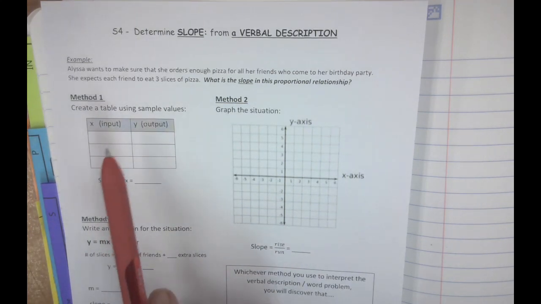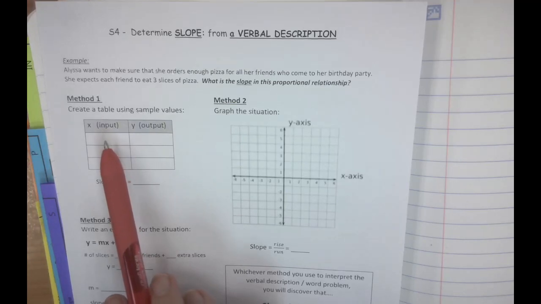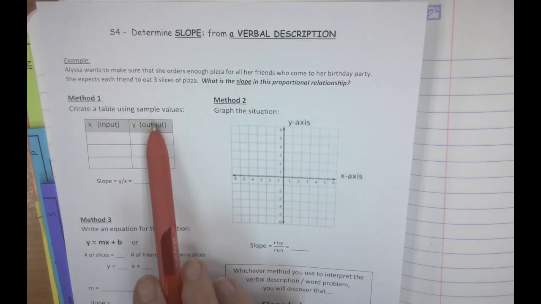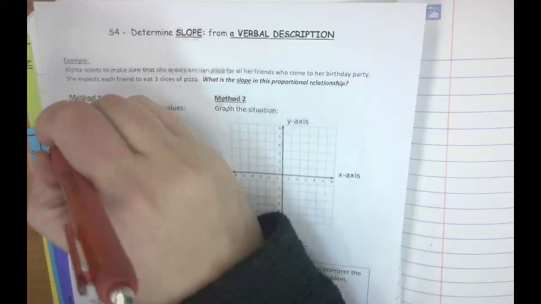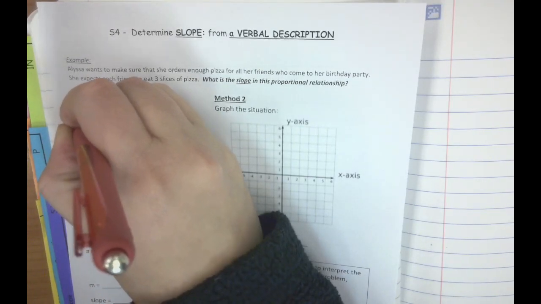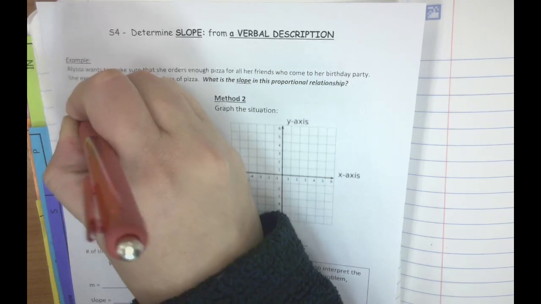So starting with making our table, our input is our X value. Our output is our Y value. Your input is going to be your independent variable, so you can squeeze that along the side here.